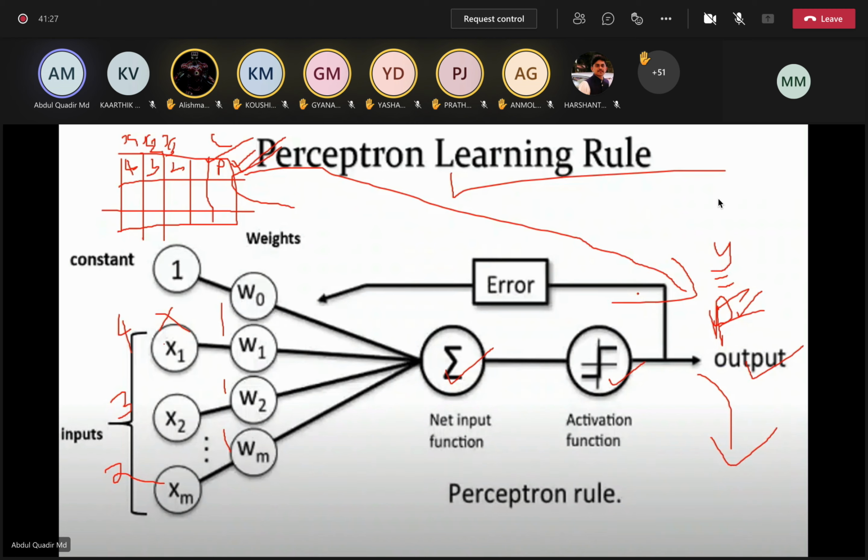Yes, sir, there is an error. So when there is an error, I will go ahead and modify my weights. Is that clear, students? Yes, sir.